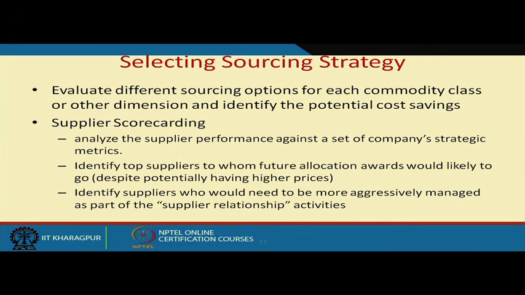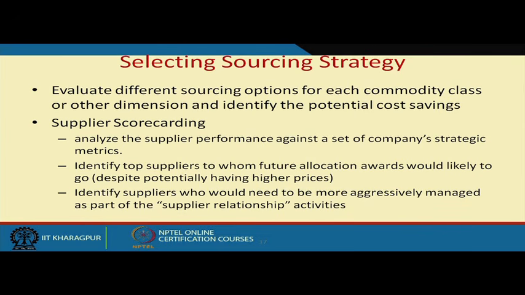Then the next task is selecting the right sourcing strategy. For this, you have to evaluate different sourcing options for each commodity class or other dimensions and identify the potential cost saving.